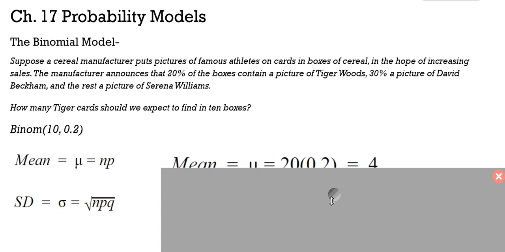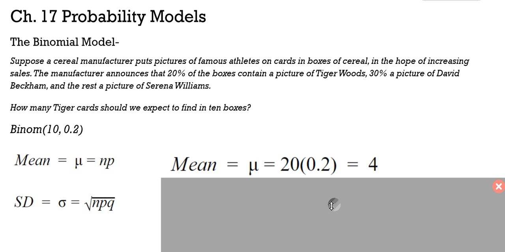So in our case, right, and that should be 2 because we're only doing 10 trials. I don't know where that 20 came from. Sorry. I'll fix that here: 10 times 0.2. Sorry about that. We would expect 2 out of the 10. And did I screw up the other one too?